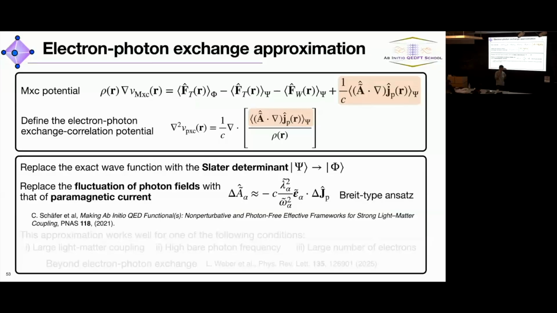And you can see why it is exchange correlation, because if you just take the Slater determinant, you will obey the exclusion principle. So if you take the Slater determinant and put it into the Coulomb interaction, you will include the exchange potential. And the rest is a quantum effect. For example, if the electrons are very close to each other, they will feel each other, and the rest that we don't capture is the so-called correlation.